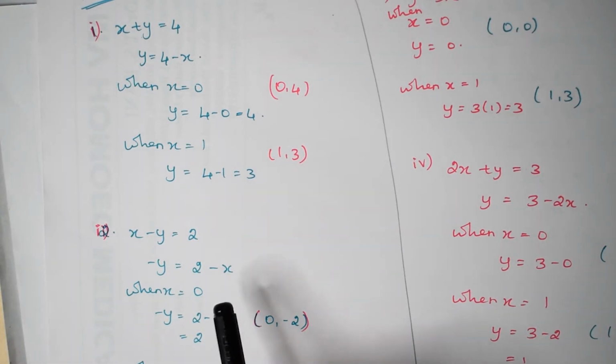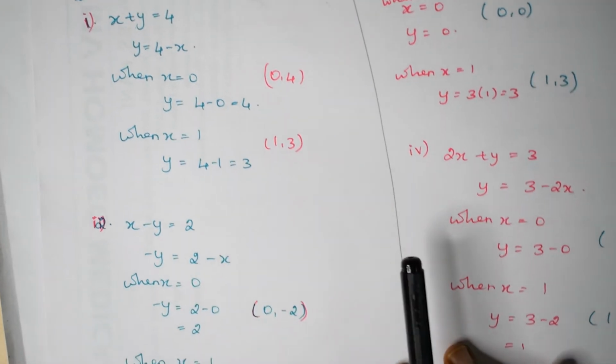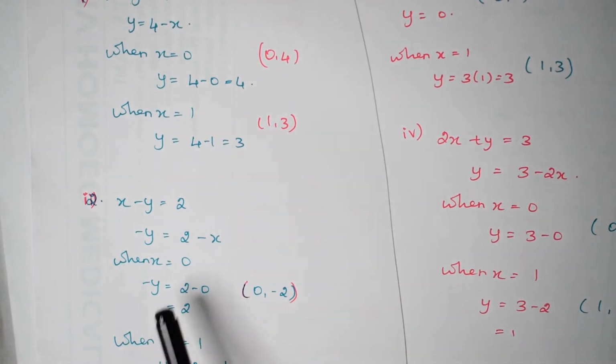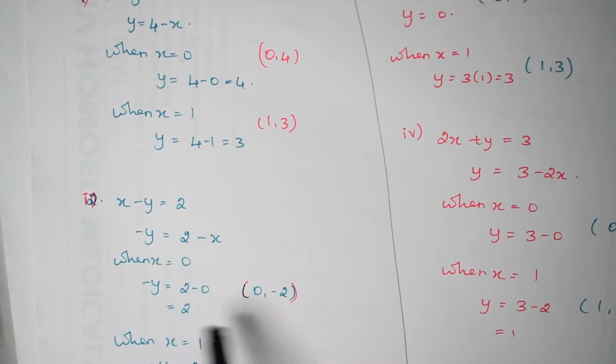The second equation is x minus y is equal to 2. When I solve x minus y is equal to 2, I again keep y alone on the left hand side. Here it is minus y, so I keep minus y on the left and put the other terms on the right hand side.